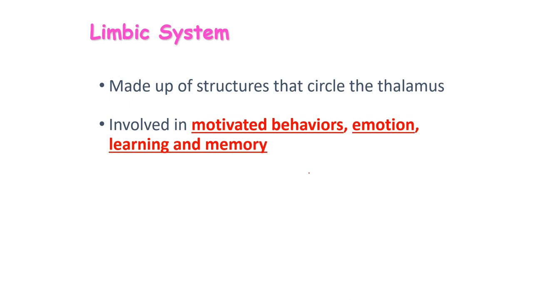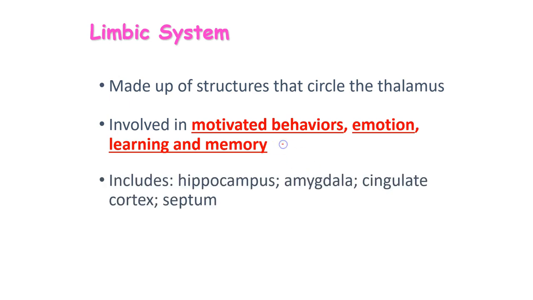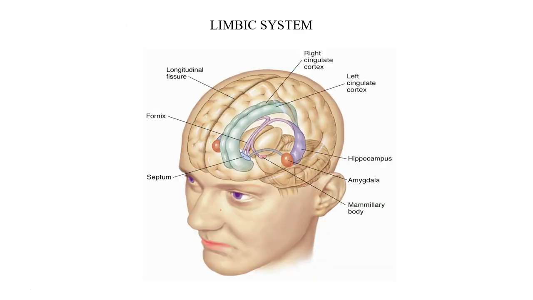So it includes structures such as the hippocampus, which is a structure critical for learning and memory. We've actually touched on this structure in previous lectures. The amygdala, which handles a lot of the negative emotions that we might feel, like aggression, fear. The cingulate cortex, which coordinates emotional perception of events, as well as the septum.